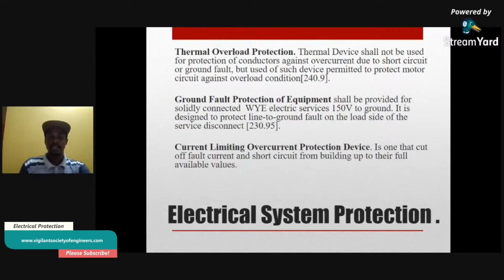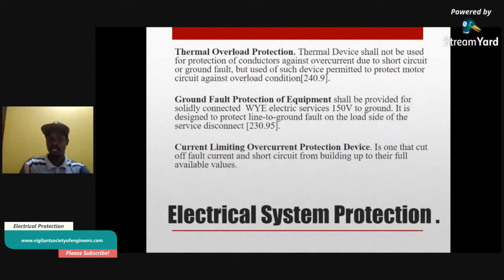A current limited overcurrent protection device is one that cuts off fault current and short circuit from building up to their full available value. All right, so we're looking at a variation of the protection devices. Look at thermal protection, which is connected in series with the conductor, only designed to detect high temperature in the conductor, as the name suggests.